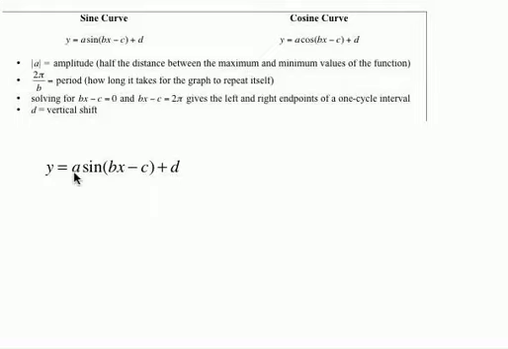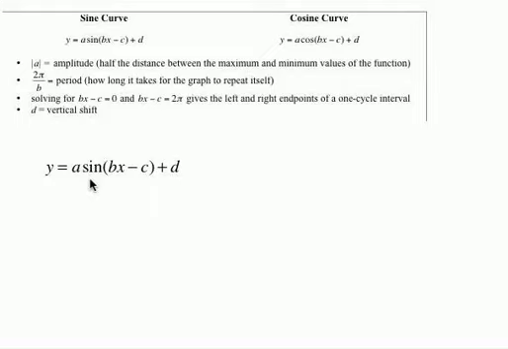So that leaves the "of" part, bx minus c. This portion controls the period and the phase shift when we do them both at the same time. Sine is a periodic function. It repeats itself. Every time you go around the unit circle, it repeats itself.